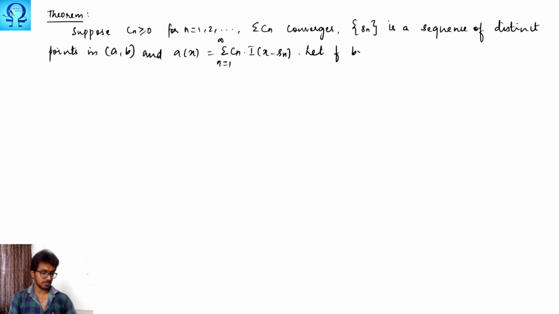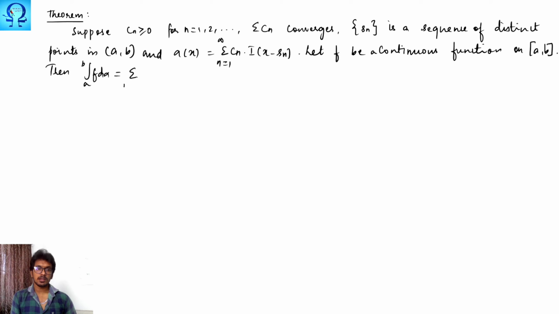Let f be a continuous function on closed interval [a, b]. Then we'll have to prove integral a to b f d alpha is summation n runs from 1 to infinity cn f of Sn.